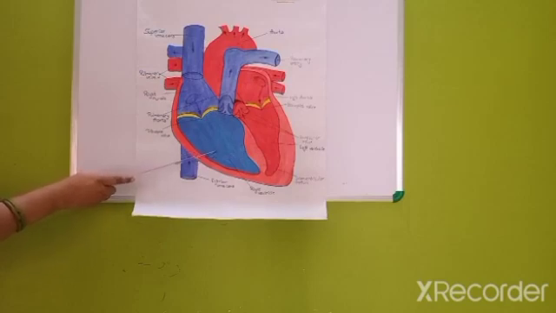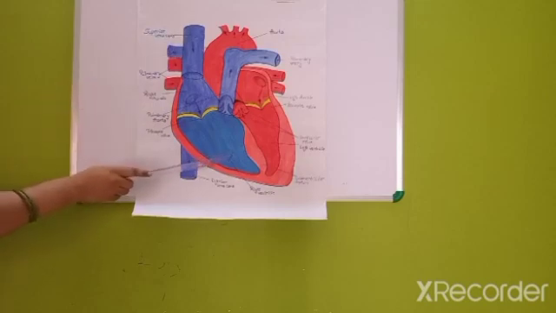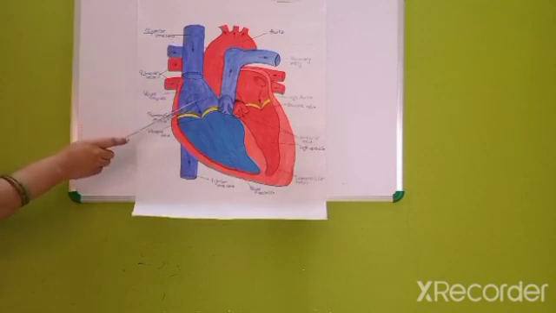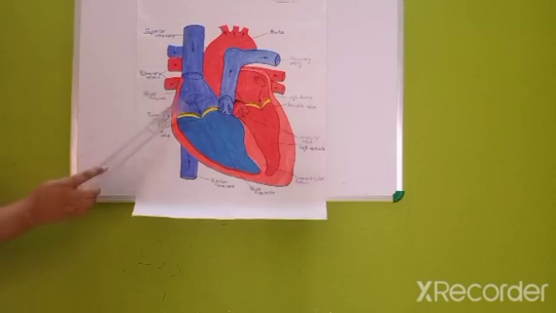Whereas the second one is the coronary vein that collects blood from the heart and pours it into the right atrium or right auricle.